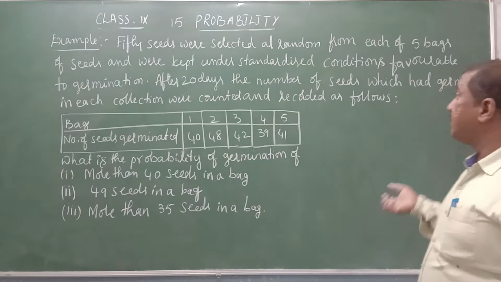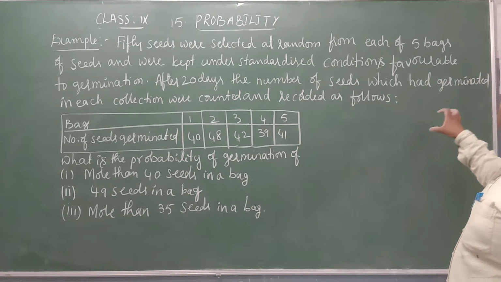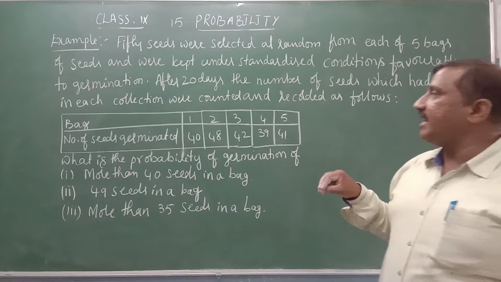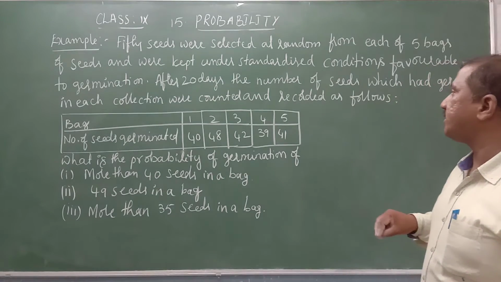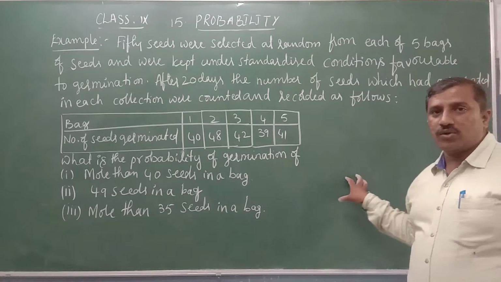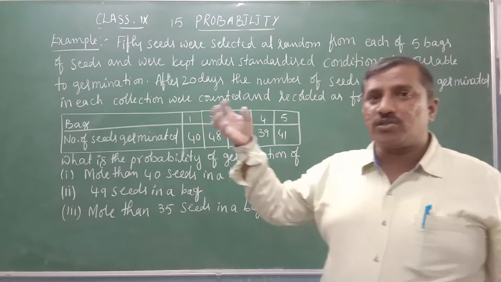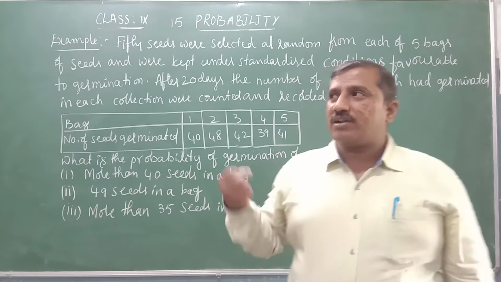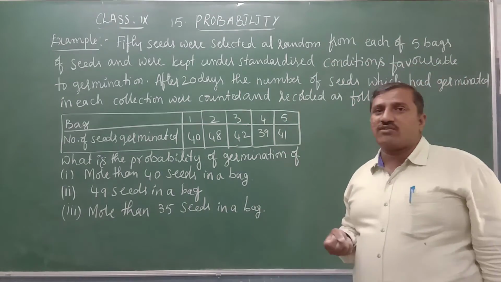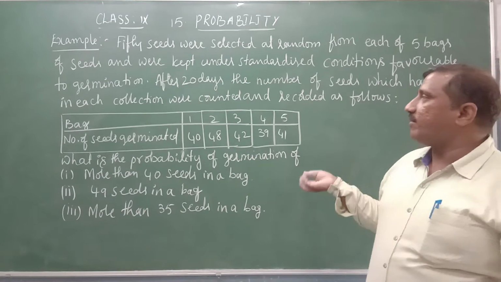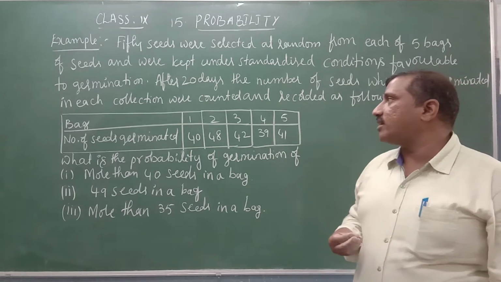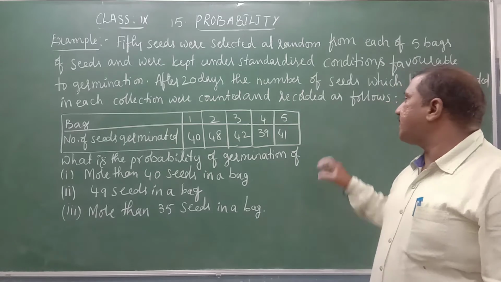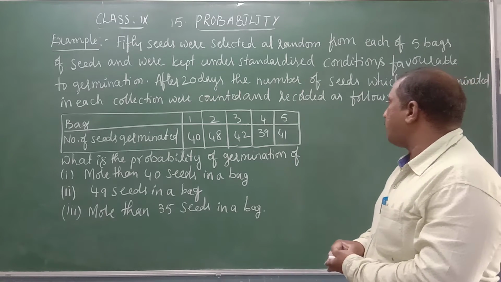After 20 days, the number of seeds which had germinated in each collection was counted and recorded as follows. From each bag 50 seeds were taken for germination, and how many seeds germinated is tabulated in the form of a table.